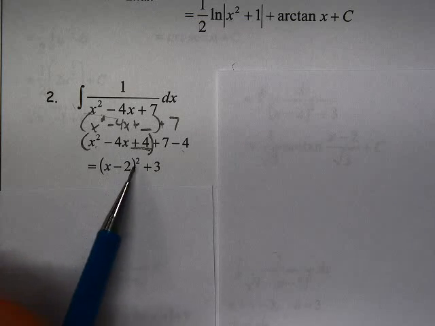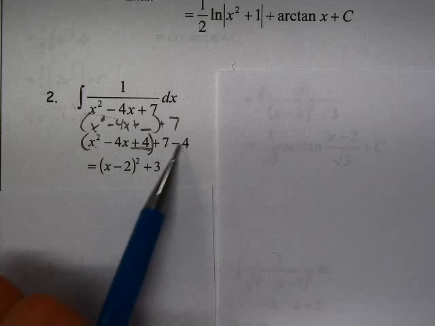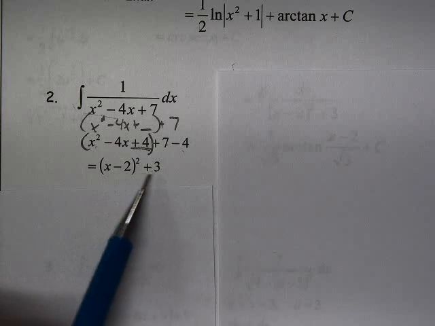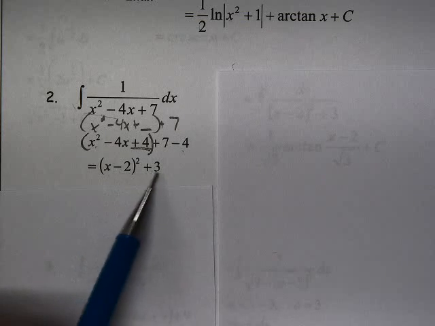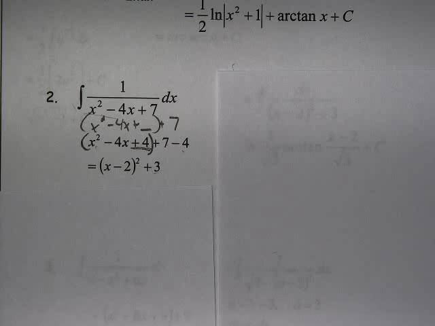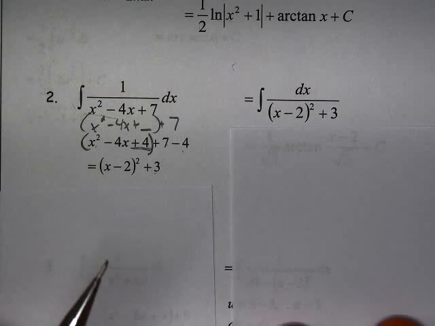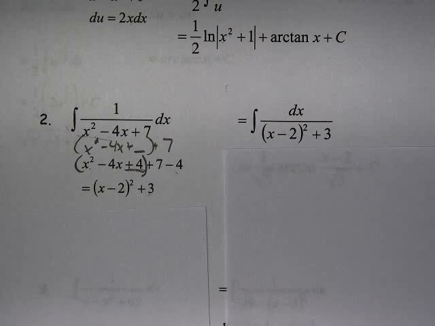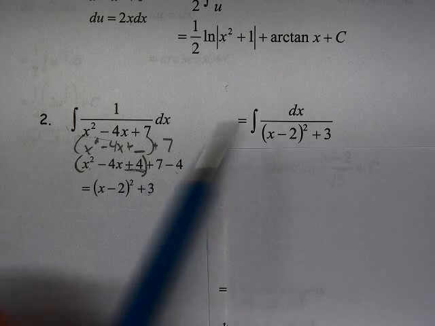So this is x minus 2 all squared. This is 7 minus 4, which is 3. So now I have a sum of squares. I have x minus 2 squared plus 3, which is just the square root of 3 squared. So my integrand now looks like this. I haven't done any integration here.